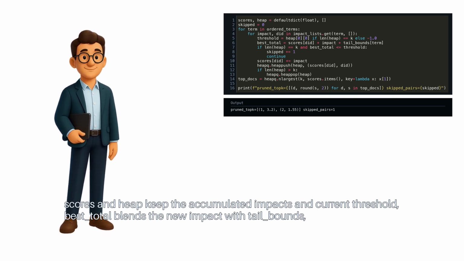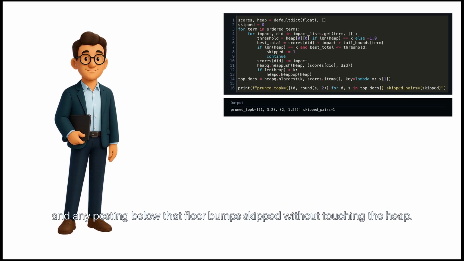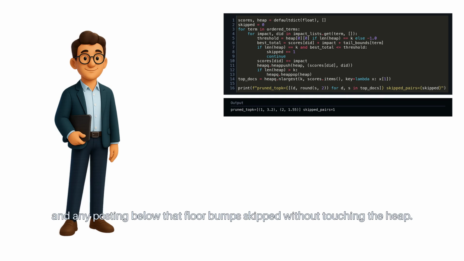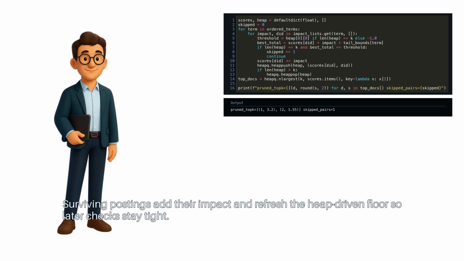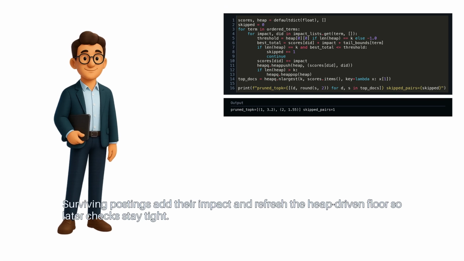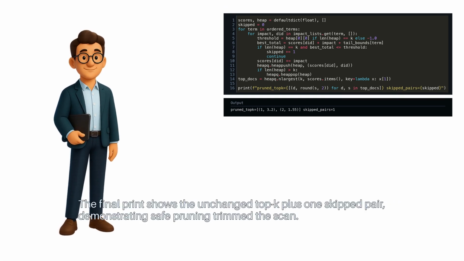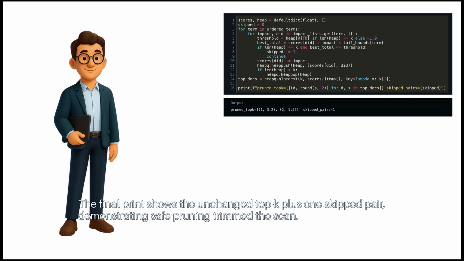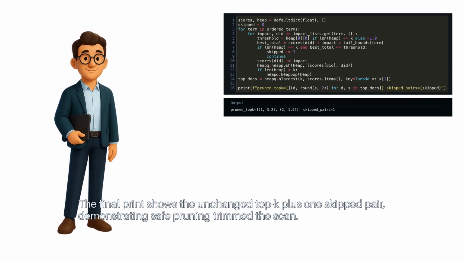Best total blends the new impact with tail bounds, and any posting below that floor gets skipped without touching the heap. Surviving postings add their impact and refresh the heap-driven floor, so later checks stay tight. The final print shows the unchanged top K plus 1 skipped pair, demonstrating safe pruning trimmed the work.